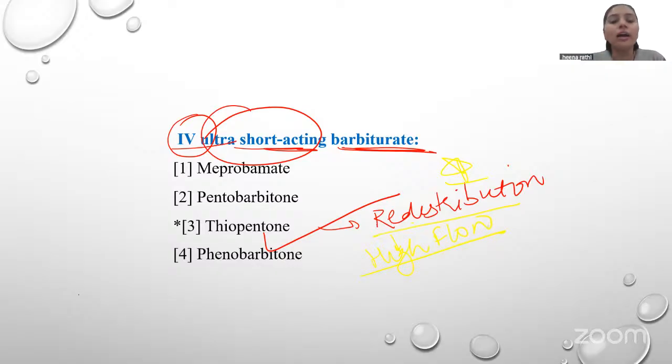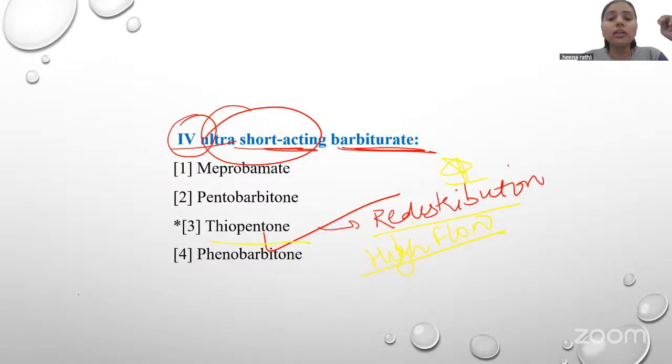They throw the drug away to the less vascular organs, which accept only a smaller amount of the drug. Because of this redistribution, the drug terminates its action. The most common drug which terminates its action by redistribution is thiopentone sodium, which is an ultra short acting barbiturate.